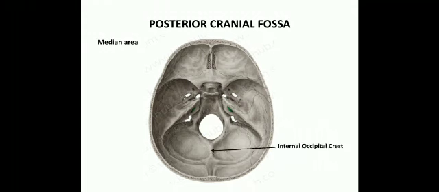Here we can observe the internal occipital crest that runs in the median plane from the internal occipital protuberance to the foramen magnum, where it forms a shallow depression, the vermian fossa. The fossa for the cerebellar hemispheres we can observe on either side. The transverse sulcus is wide and runs laterally from the internal occipital protuberance to the mastoid angle of the parietal bone.